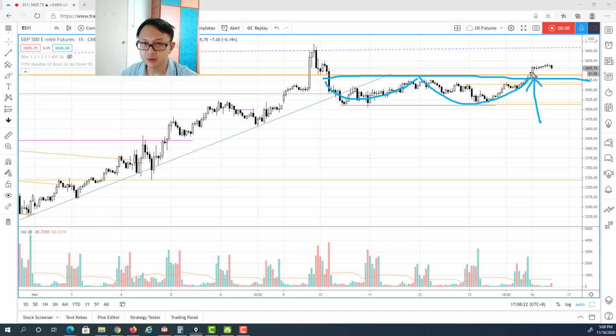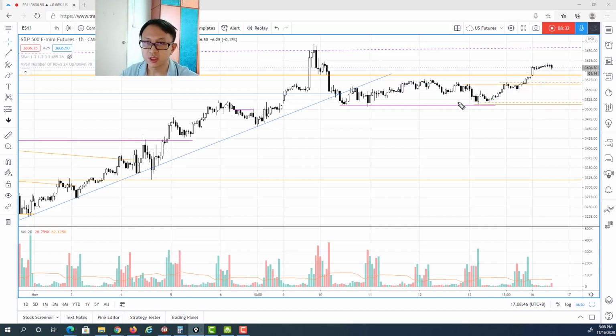Once you break out, then probably you can jump in. At least that's what a lot of the books have been describing. Or you can wait for another pullback and reversal. So here's the breakout, maybe you can have another pullback, test the resistance turned support, and then reverse. That could be another type of trade.